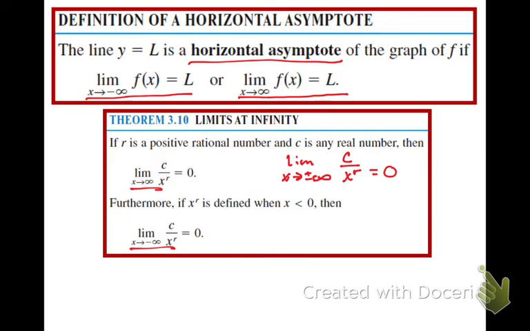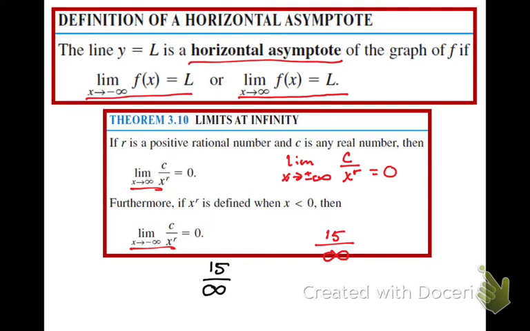So think about what's happening. If I have some number, let's say 15, and I'm dividing it by infinity. Evidently, I chose red on red. What's happening? 15 divided by infinity.